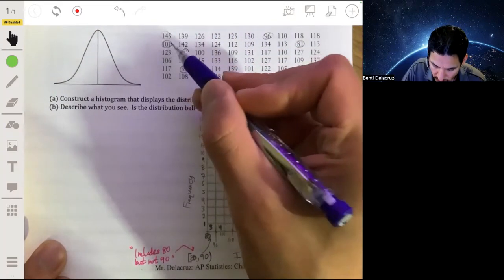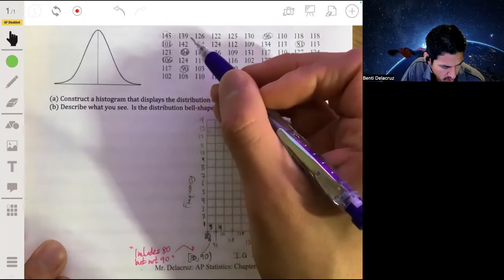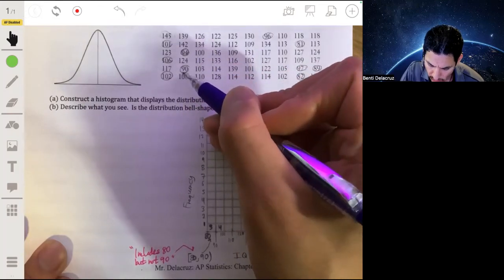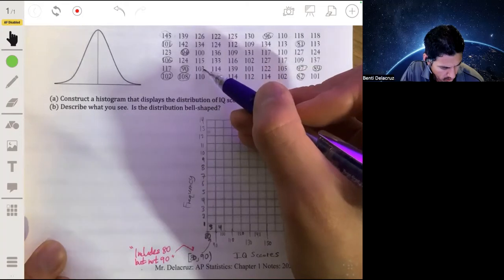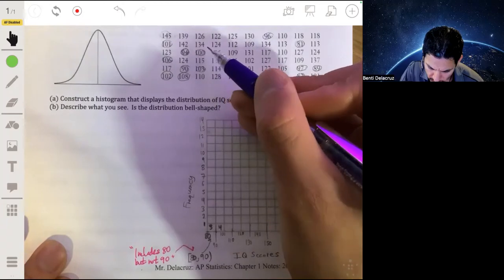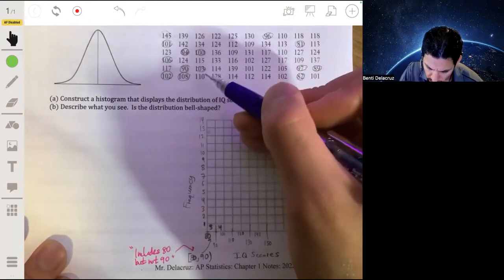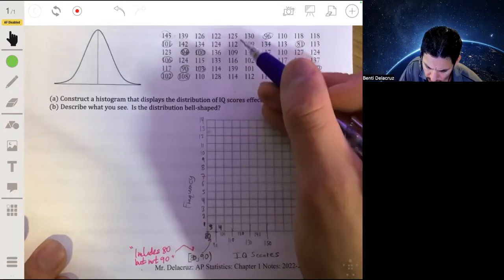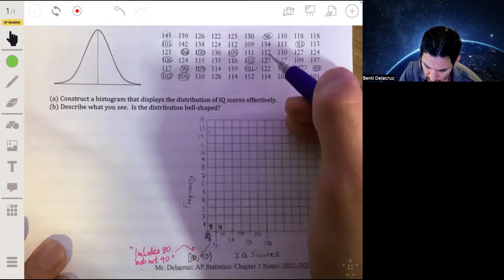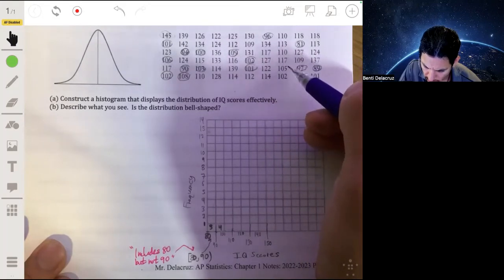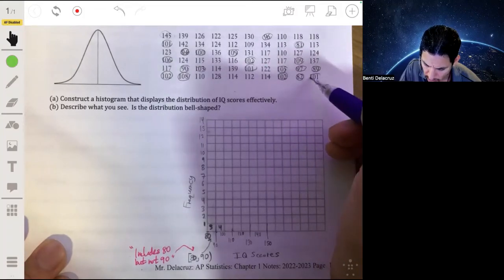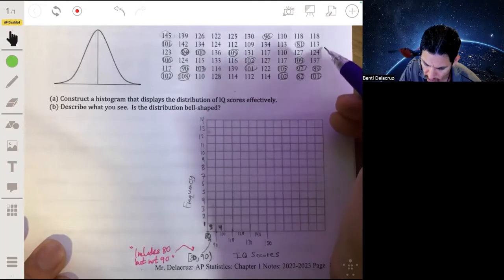So we go 1, 2, 3, 4, 5, 6, not the 110, 7, 8, 9, 10, 11, 12, 13.